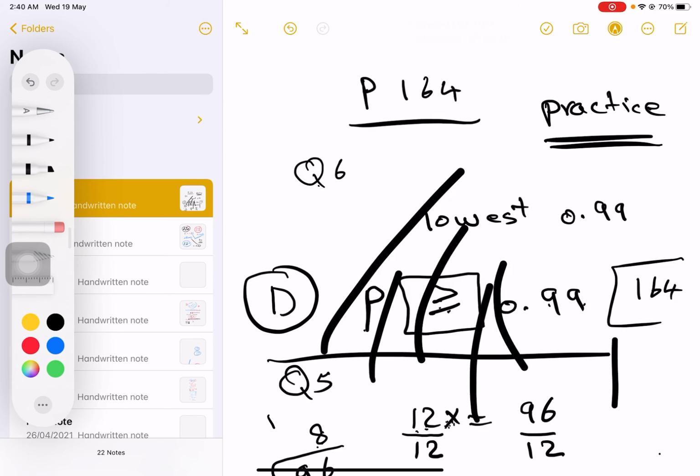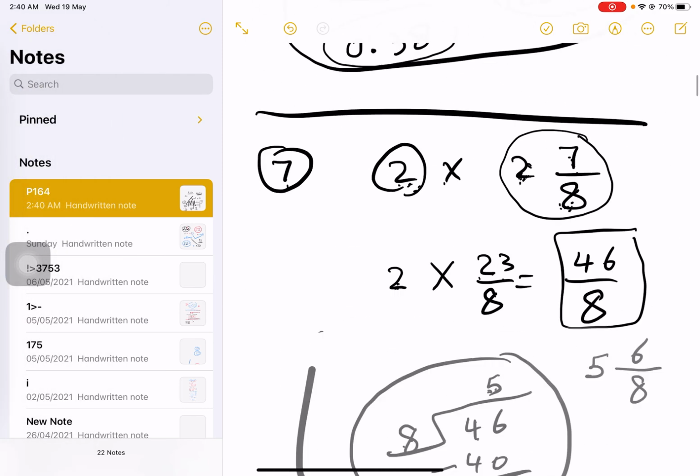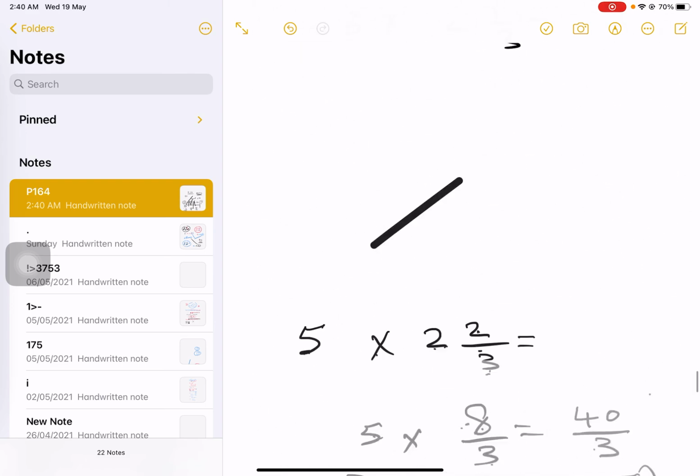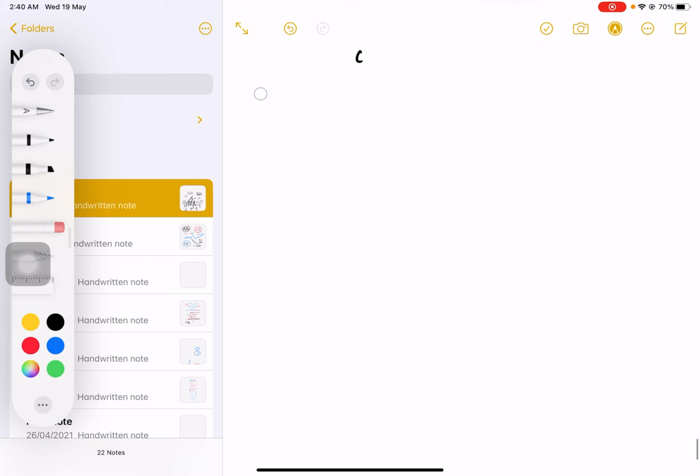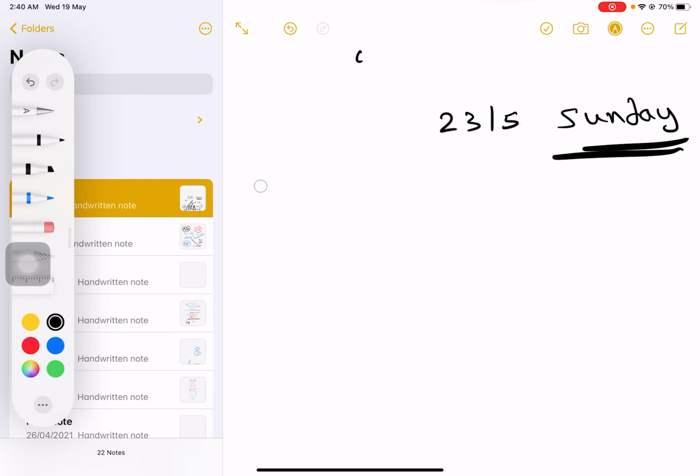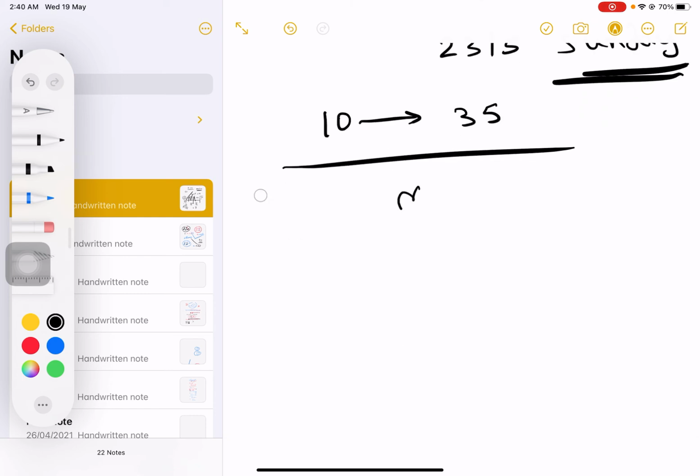Grade 3, for the test. Your test will be first the quiz. Your exam will be on 23 of May, and it will be on Sunday.